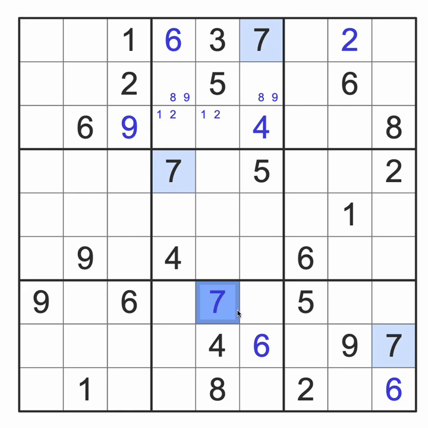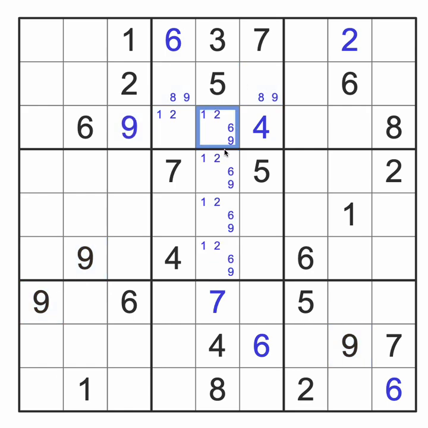And now that I placed this 7 here, let me look at this column. The numbers that are missing from this column are 1, 2, 6, 9.